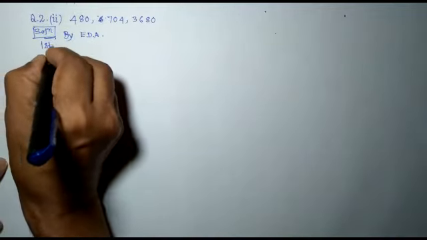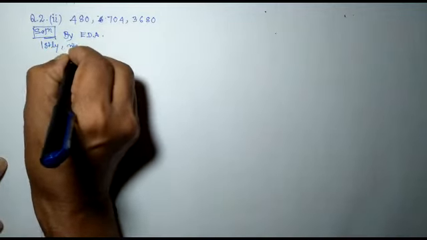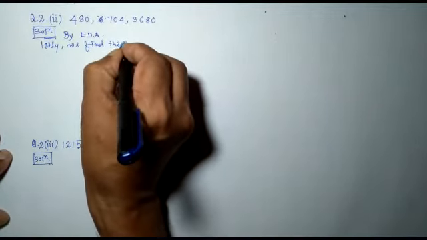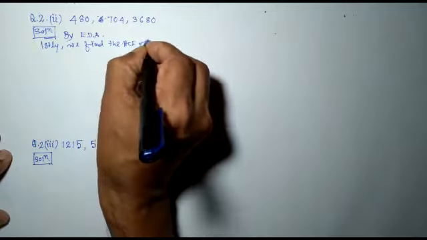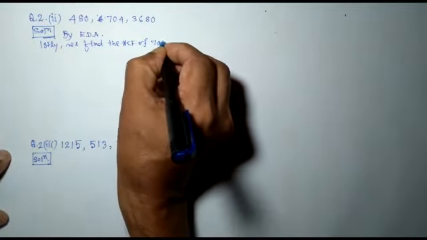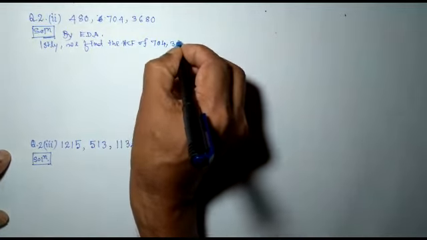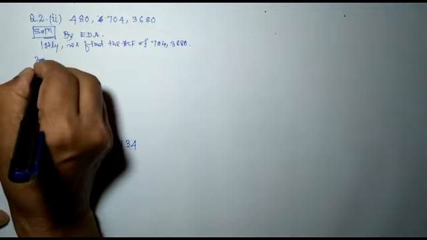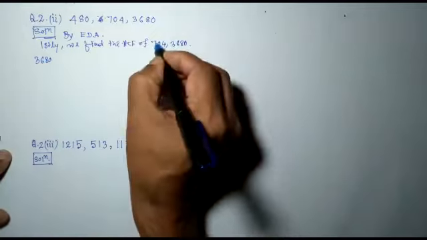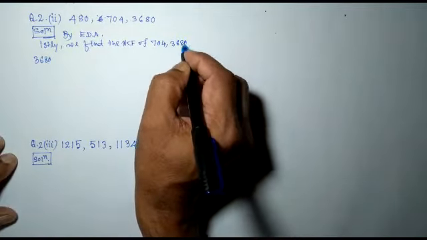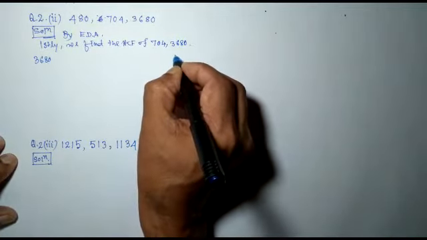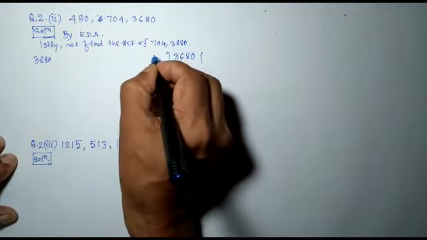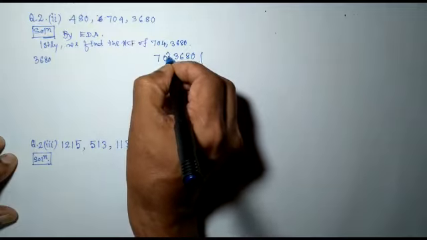Firstly, we find the H.C.F of 704 and 3680. Between these, 3680 is bigger, so we will divide 3680 by 704.